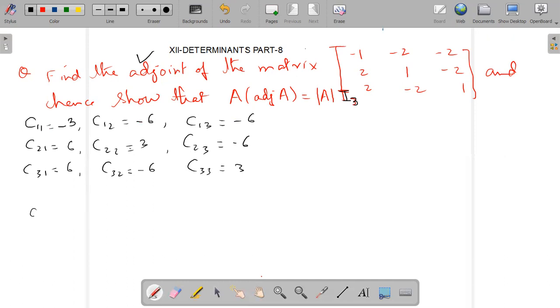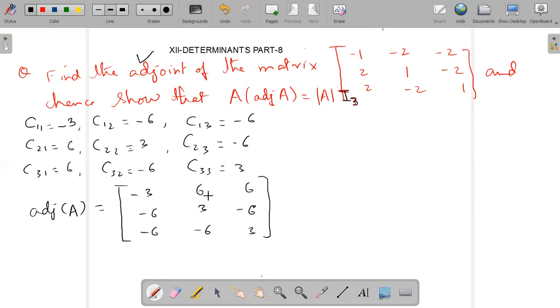Then we will write the adjoint A. Now here I'll write adjoint A directly: -3, -6, -6. Second row will become second column: 6, 3, -6. Third row will become third column. This is the adjoint A.